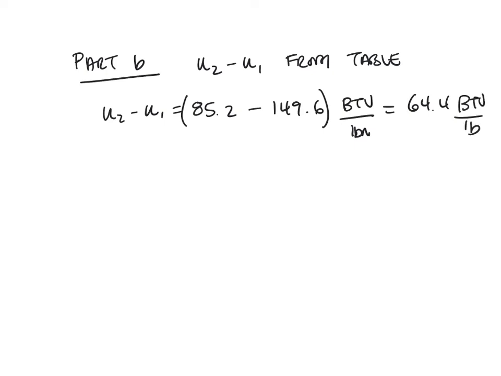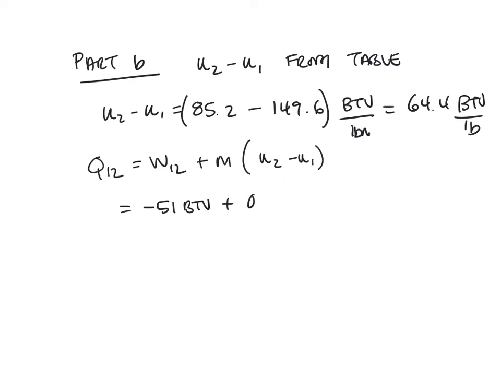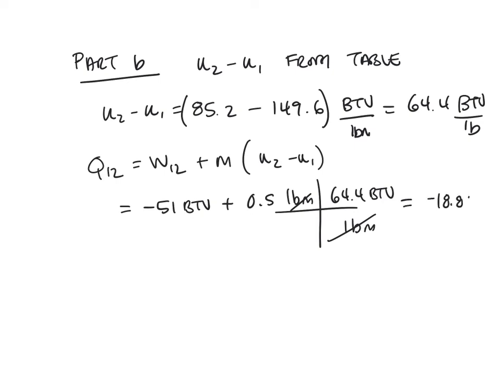So this is just a tiny little bit different than what we got for part A. And so we can put this into the same calculation where the heat transfer is work plus mass times U2 minus U1. And here we'll have negative 51 BTU because that was our work, plus 0.5 pounds mass, and then 64.4 BTU per pound mass, and we get negative 18.8 BTU.